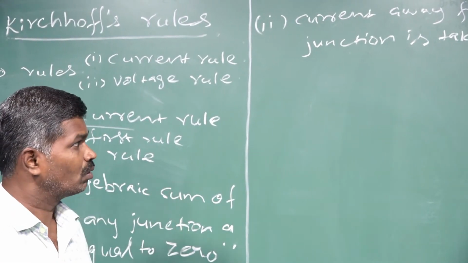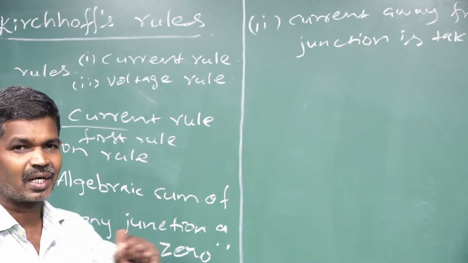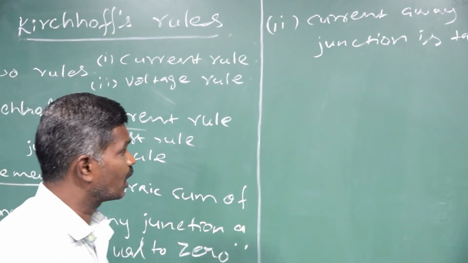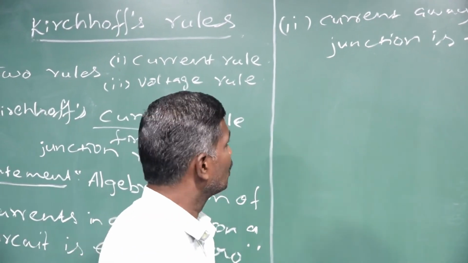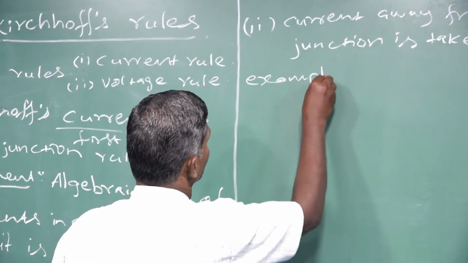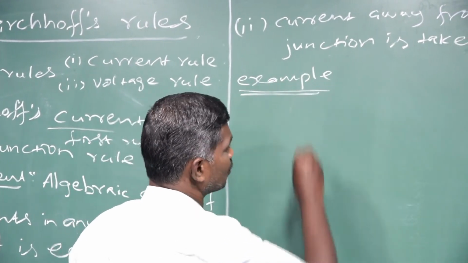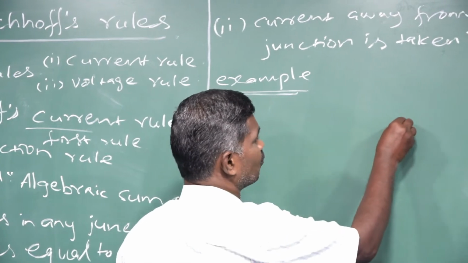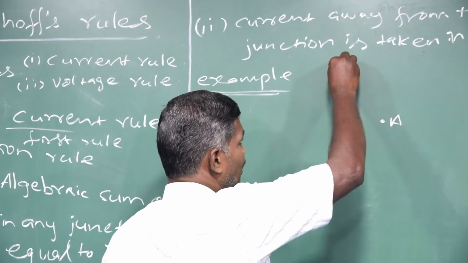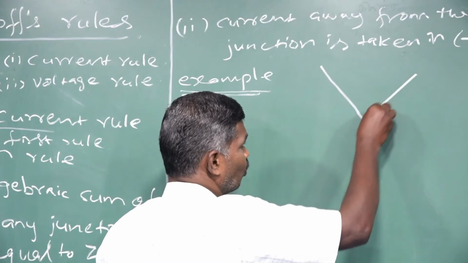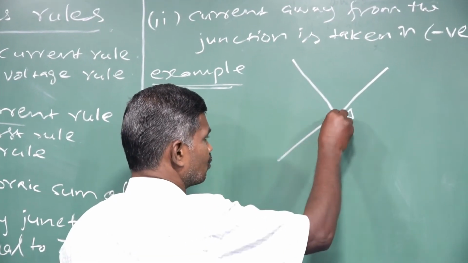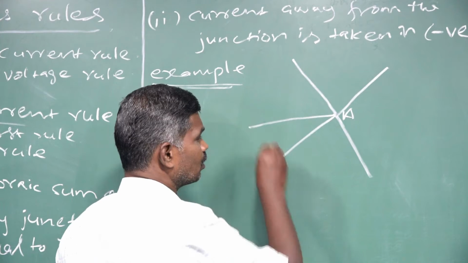And there we have one example diagram in a total circuit. One of the junctions we are going to take, junction A. Some of the currents may move towards the junction, some may move away.